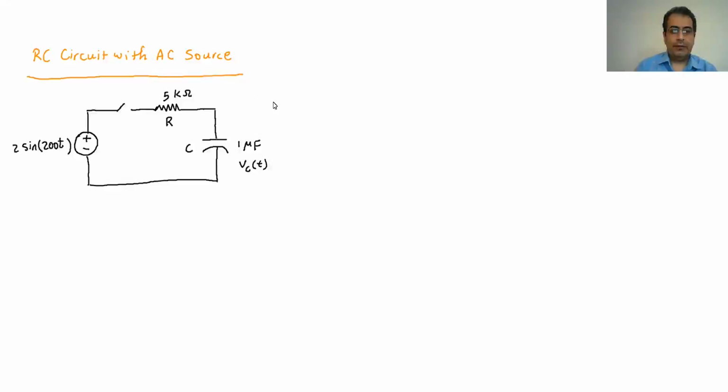So at t equal to 0, the voltage at the capacitor, VC, is 1 volt. So it's partially charged at the beginning before we close the key.